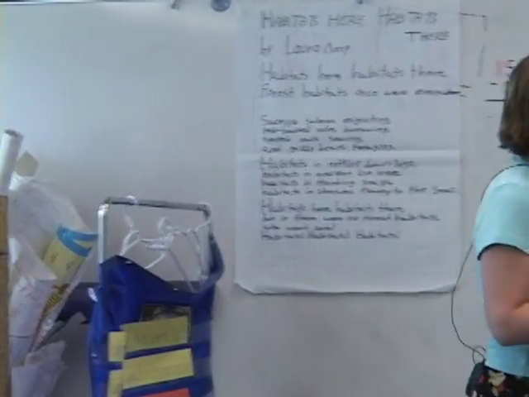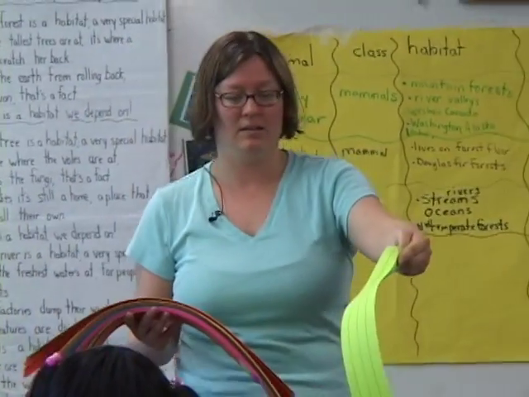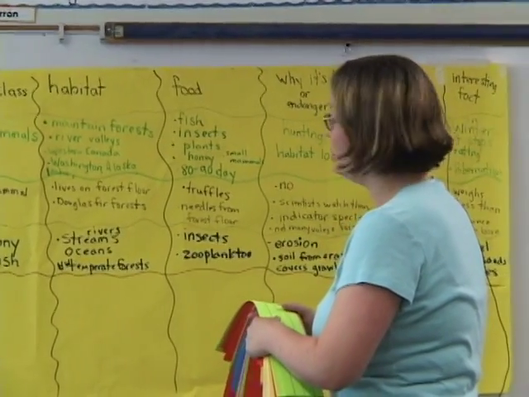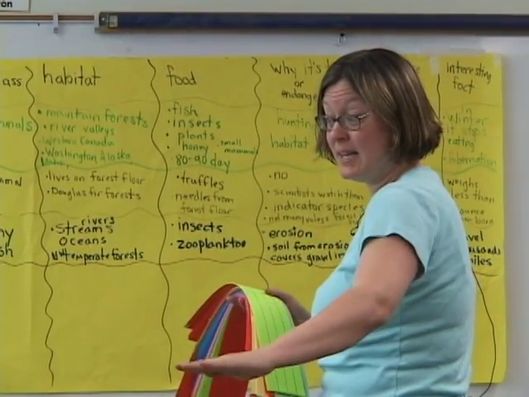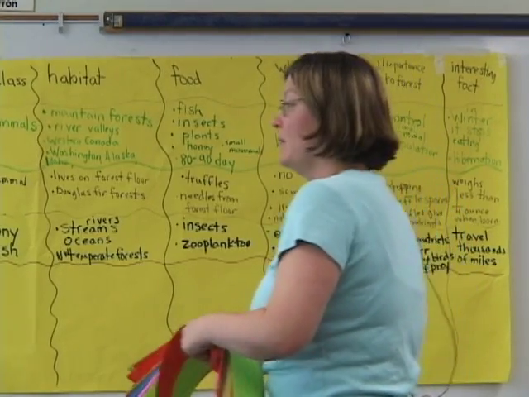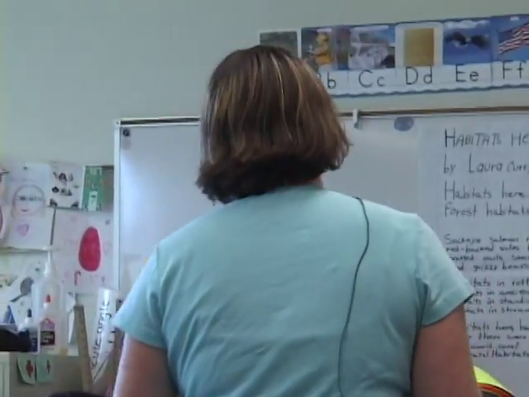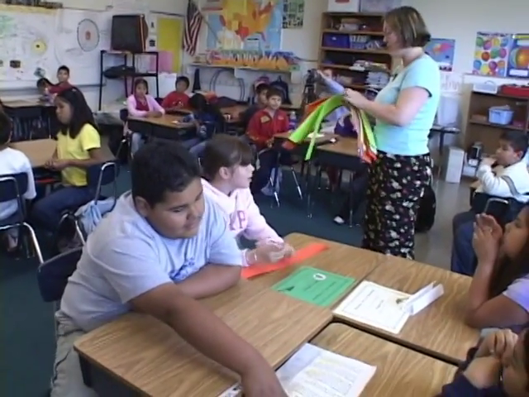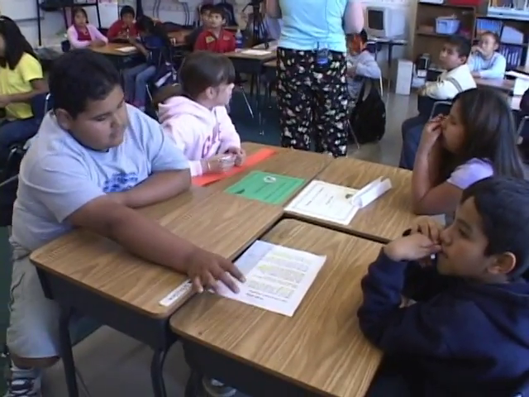So, let's see. Jorge, your group is going to write about what animal. You're going to write a sentence to let the readers know what animal we're writing about, okay? Gabriela, your table group is going to tell what class the sockeye salmon belongs to, what class of animals, okay?